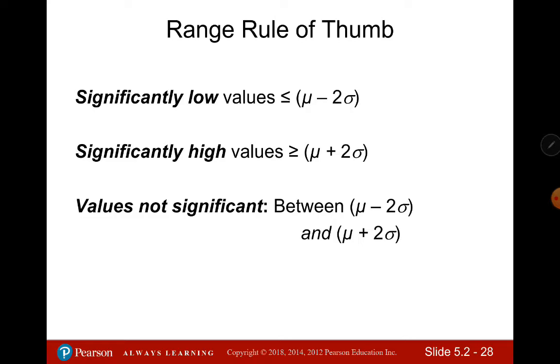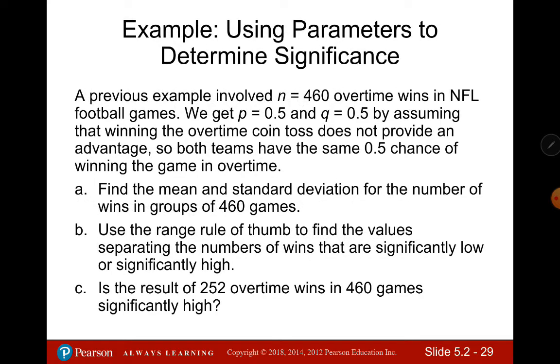So we have 3 situations. Let's check this example. It's still the overtime example. We use the range rule to determine whether 252 is a significantly high value or not.